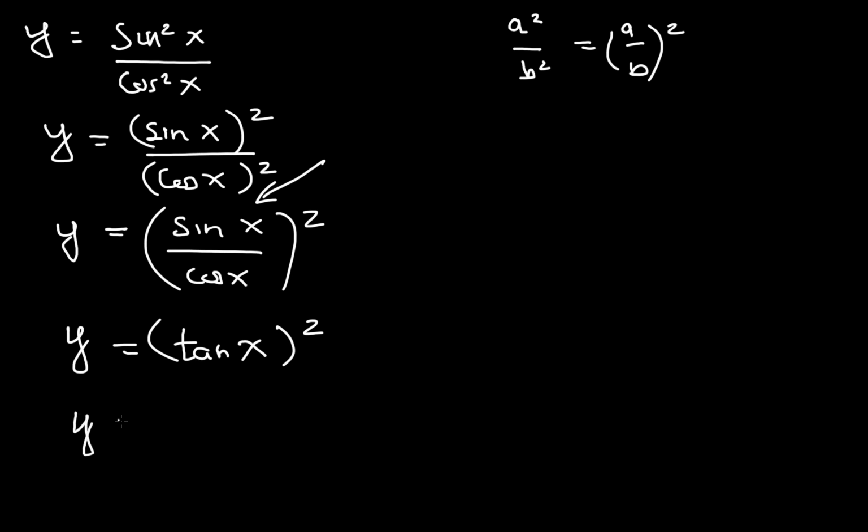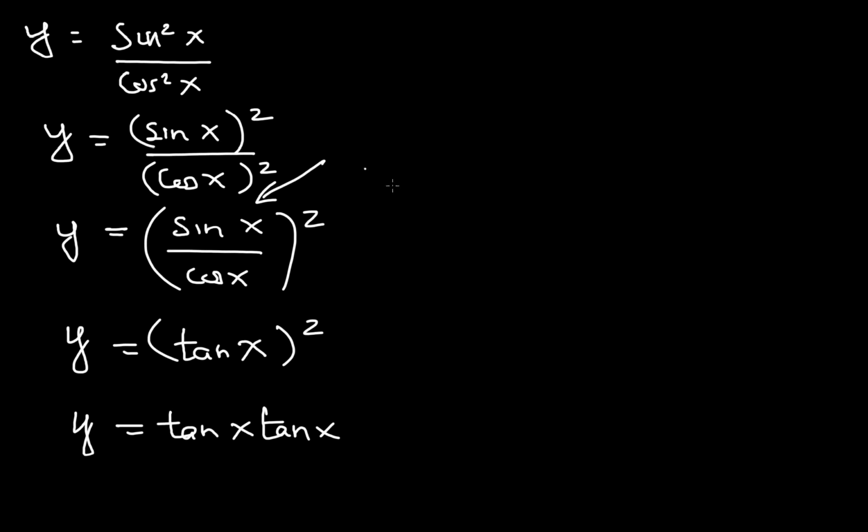So what other thing can we do here? We can say that this is going to be tan x, and then tan x again. Now we found what? We found our product rule, something that's completely different from the chain rule. They can give you that limitation, but it's really not essential.